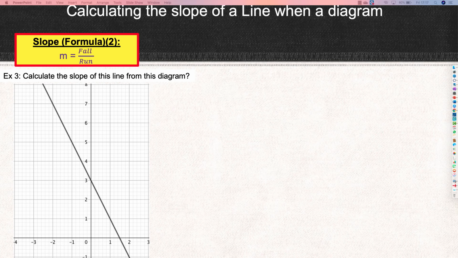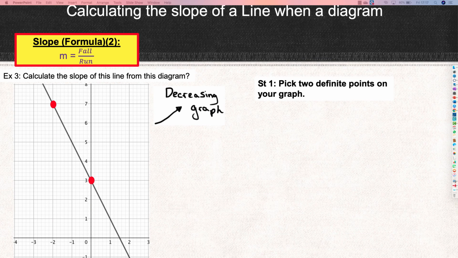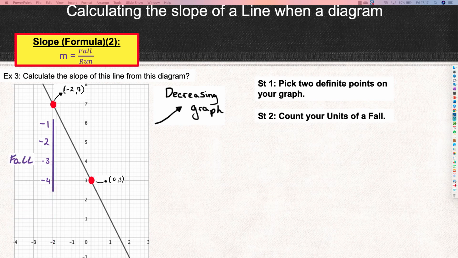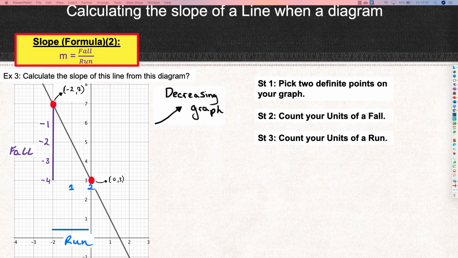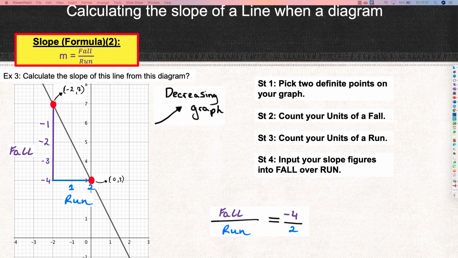So any one of those points, pick 2 of them. Doesn't make a difference which 2 you pick. They're always going to come up with the same answer. And you count your fall: minus 1, minus 2, minus 3, minus 4. Why is it minus? Because we're going down. And your run is always positive. Your run is 1 and 2. Therefore, minus 4 over 2, which is minus 2.